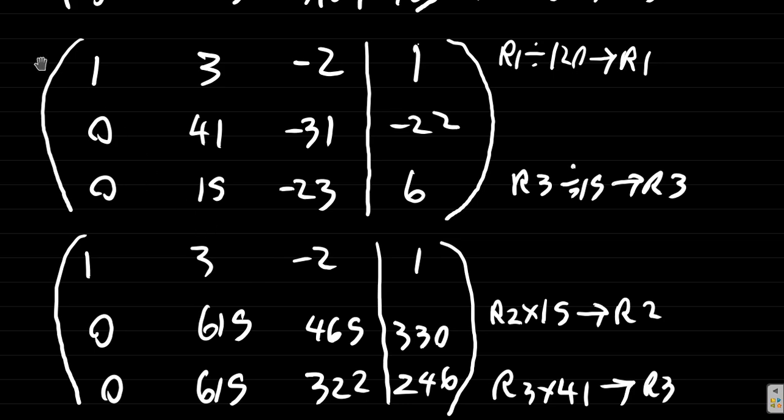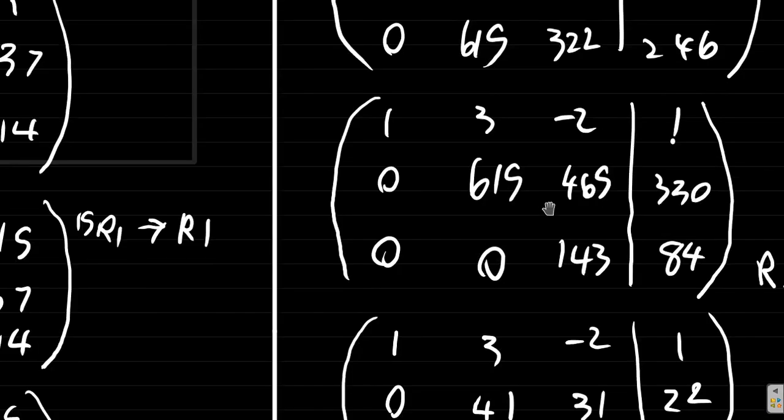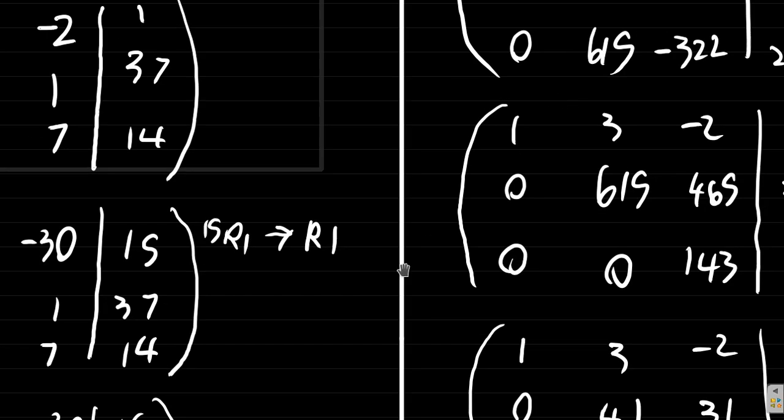Negative 31 times 15 will give you this. And negative 22 by 15 will give you negative, right? And then 41 times this should be a negative. So these two in row 2 and 3 should be negative, right?